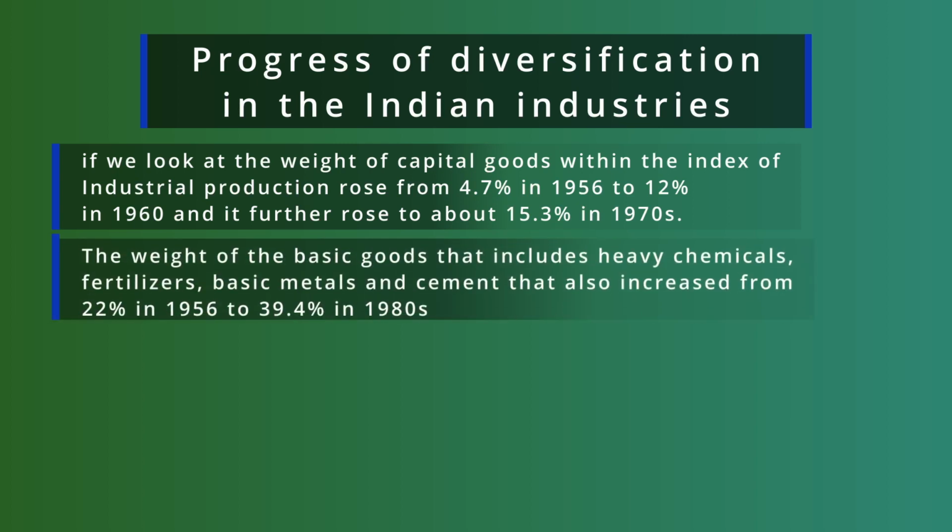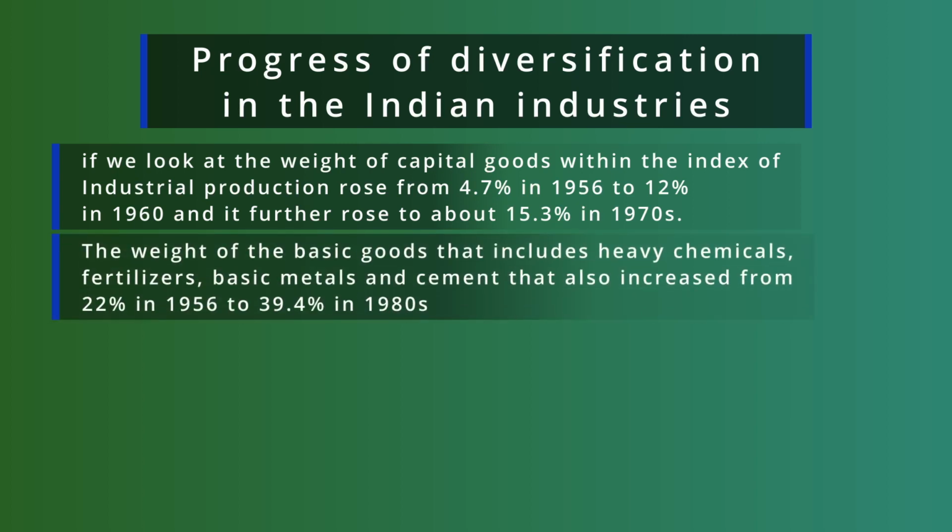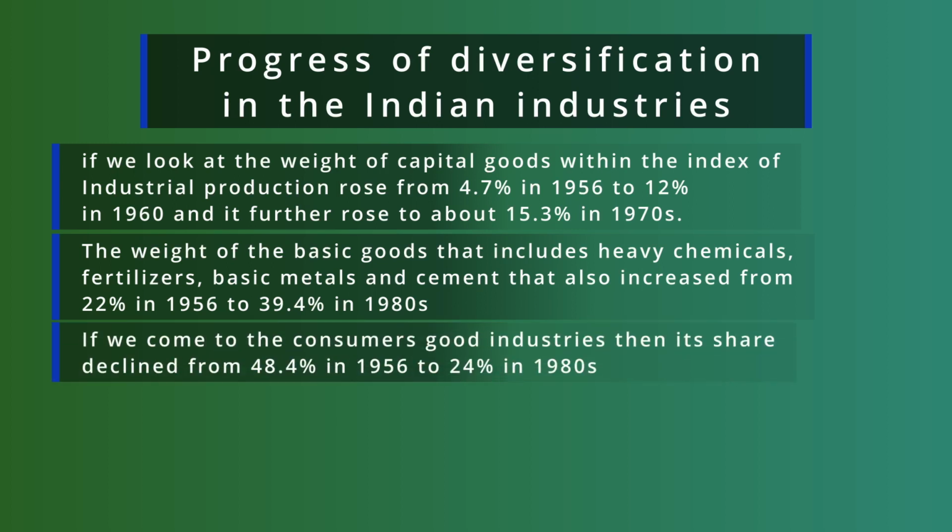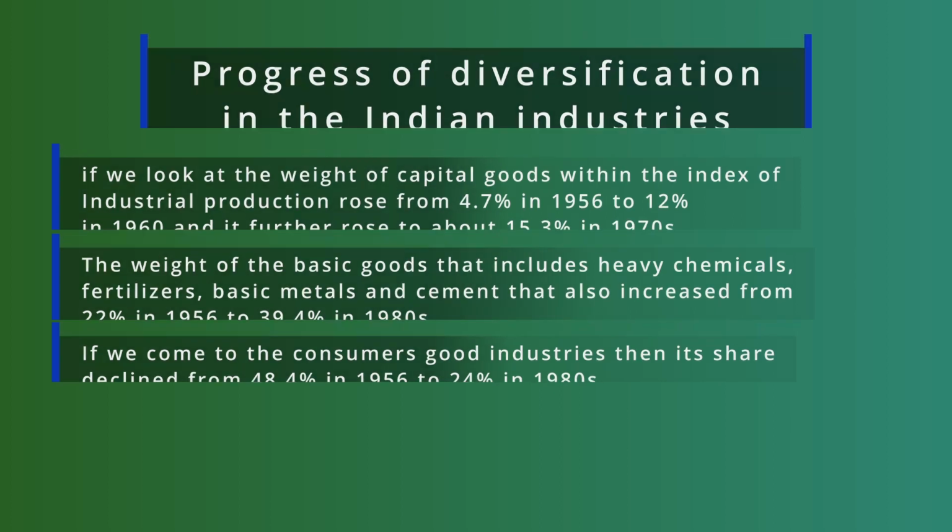The weight of the basic goods, which includes heavy chemicals, fertilizers, basic metals and cements, also increased from about 22.3% in 1956 to about 39.4% in the 1980s. And the share of consumer goods industries declined from about 48.4% in 1956 to about 24% during the 1980s.